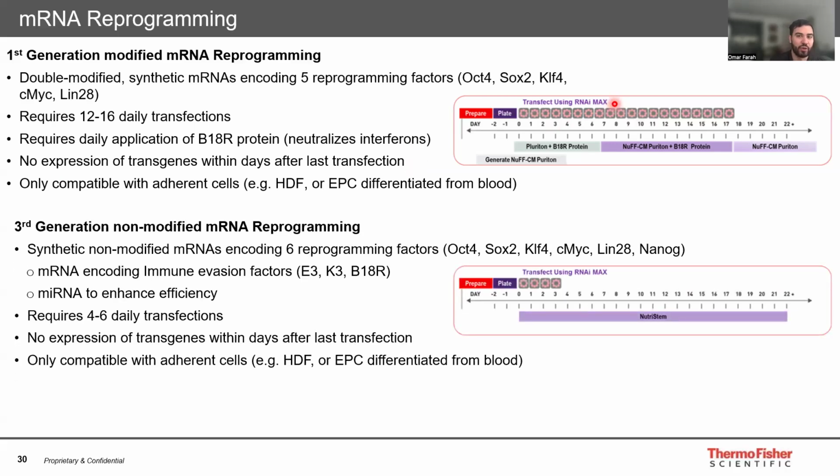Several years later, though, there was an improvement made on that original reprogramming protocol and kit, where instead of five mRNAs, the third generation kit had six reprogramming factors.